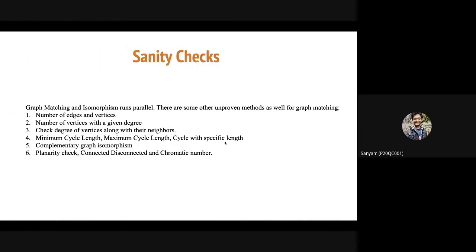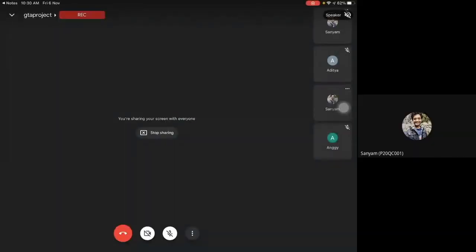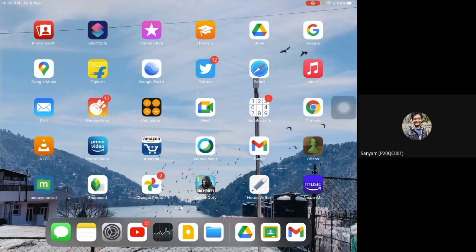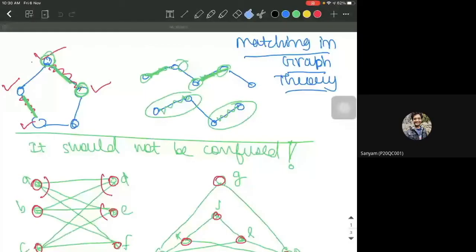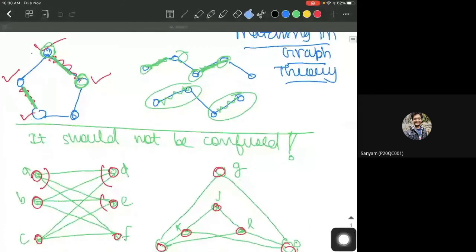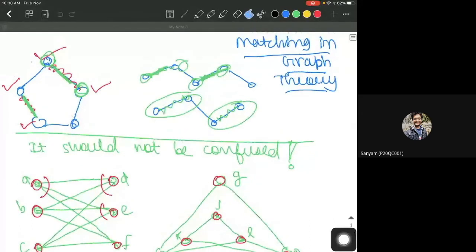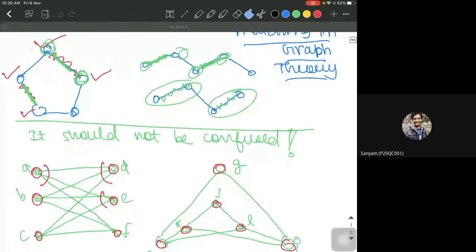We perform the graph matching theoretically. When we speak theoretically, we have to perform some checks before we say that two graphs are matched. I'm sharing my screen. The first thing is that this matching should not be confused with the matching which we have earlier studied in graph matching, where we consider matching like this, which saturates the nodes.